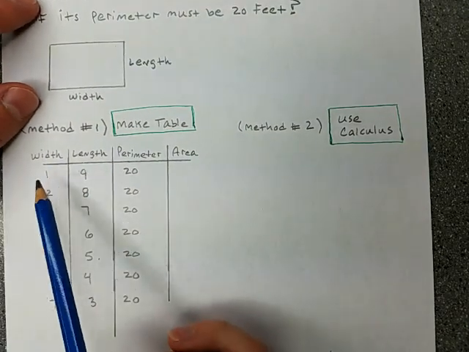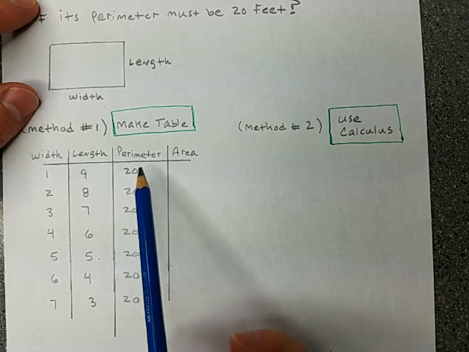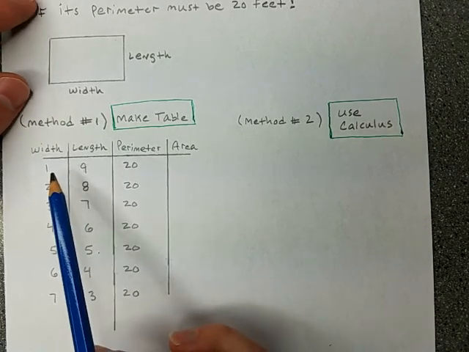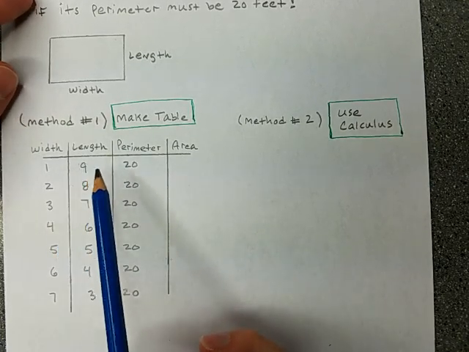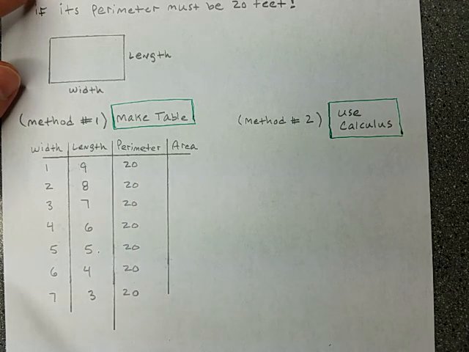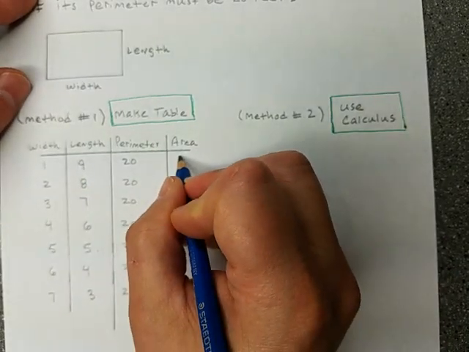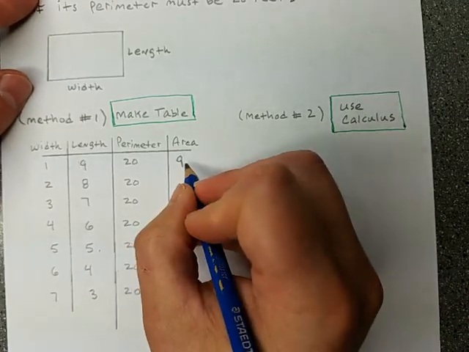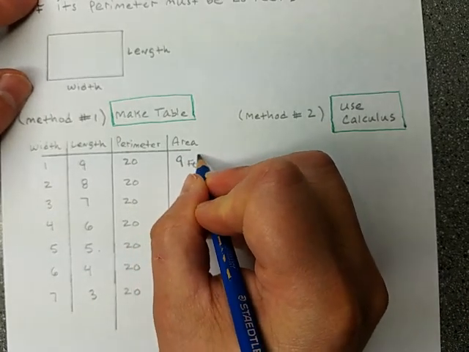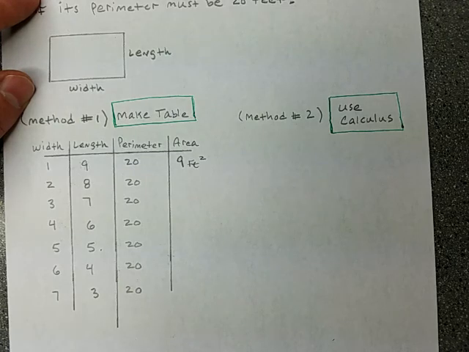So twice the width plus twice the length is 20 in that case. So a rectangle could be 1x9 and have a perimeter of 20. What would the area be? Well, the area is the product of the sides, so the area would be 9, okay? And in our case, it'd be proper to talk about the units, 9 square feet.